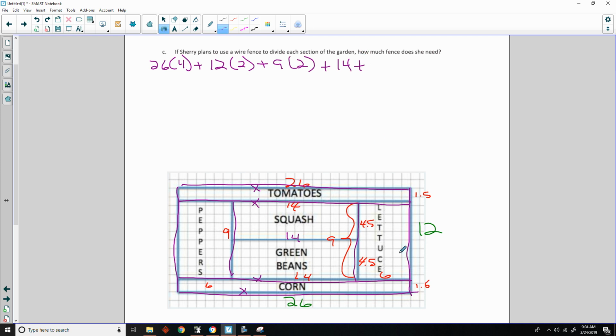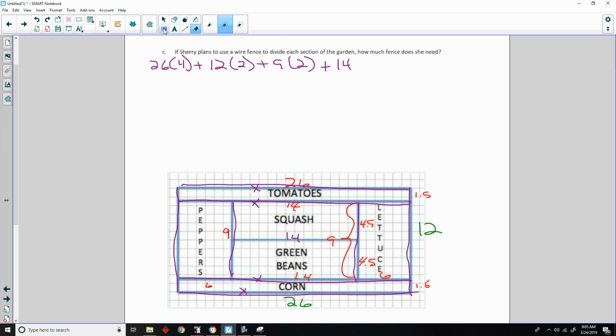Plus, and then we have these 4.5 lengths times 2, which is 9. So there's 2 9s this way. And we've already accounted for those, didn't we? 4.5 times 4, or 9 times 2, and 14. So that's it. So this is the total.